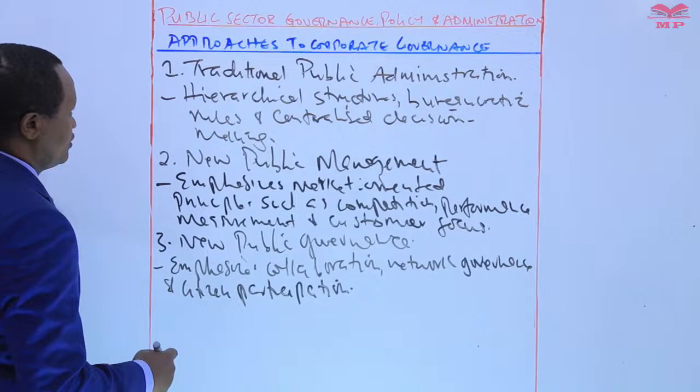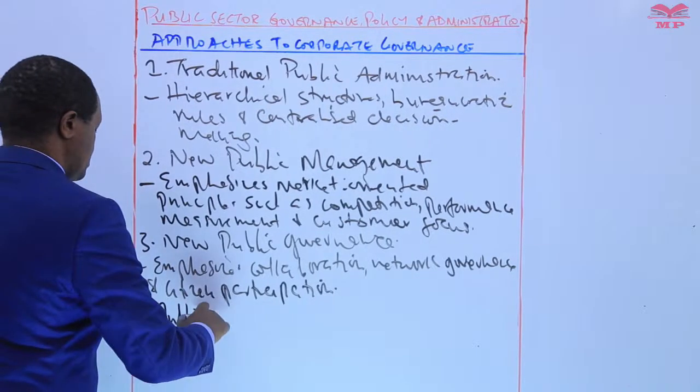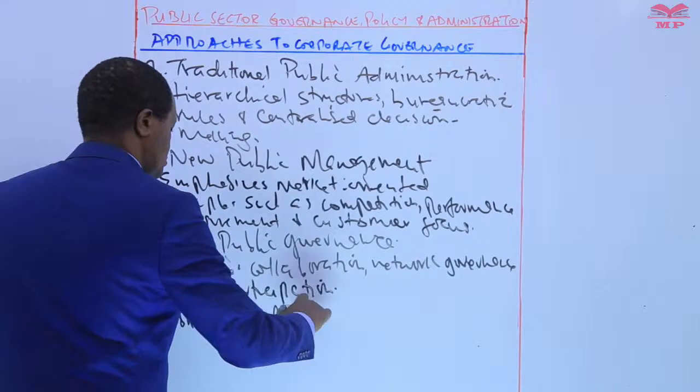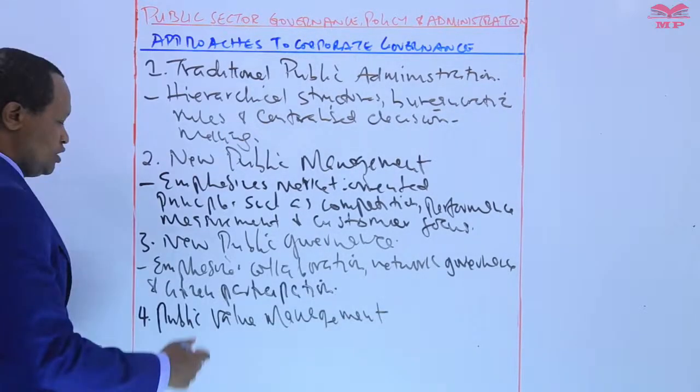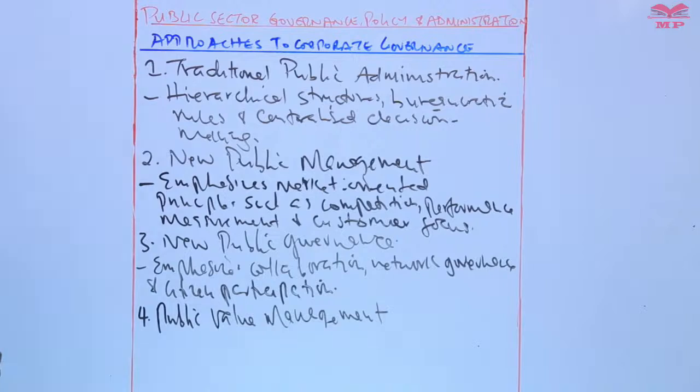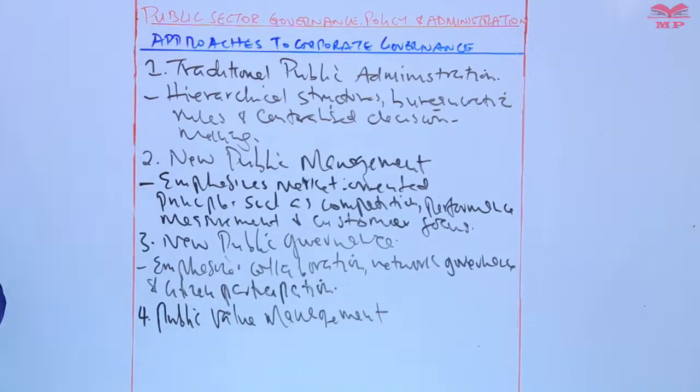The fourth approach is the public value management approach. Public value management approach focuses on creating public value, which is defined as the value that public services create for citizens and the society.